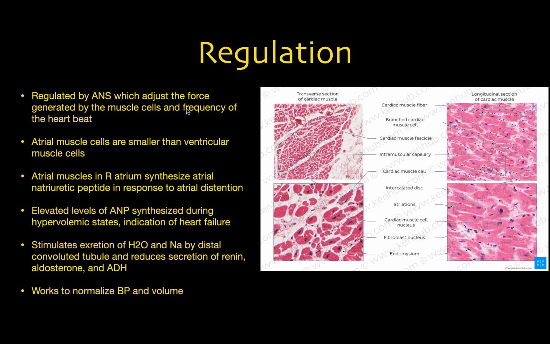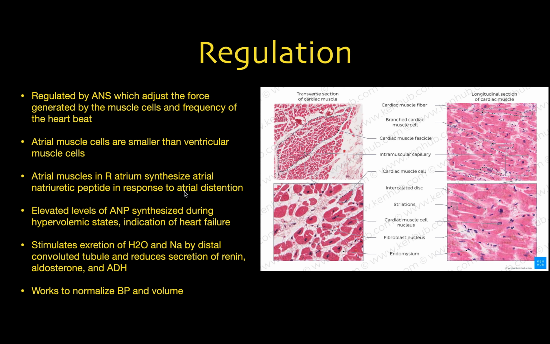The heart is regulated by the autonomic nervous system, which adjusts the force generated by the muscle cells and the frequency of the heartbeats. The atrial muscle cells are smaller than the ventricular muscle cells, and the atrial muscles in the right atrium will synthesize the atrial natriuretic peptide in response to atrial distension.